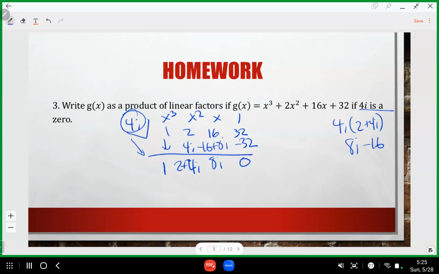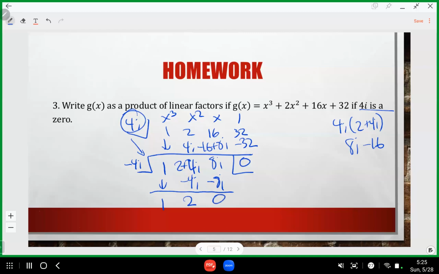So we know it works. Right. So we know that negative 4i is also 0. So we can just do negative 4i, right? So how do I do this? Bring the 1 down, right? Okay. So that's -4i. So we are left with 2 and obviously negative 8i plus positive 8i is 0.